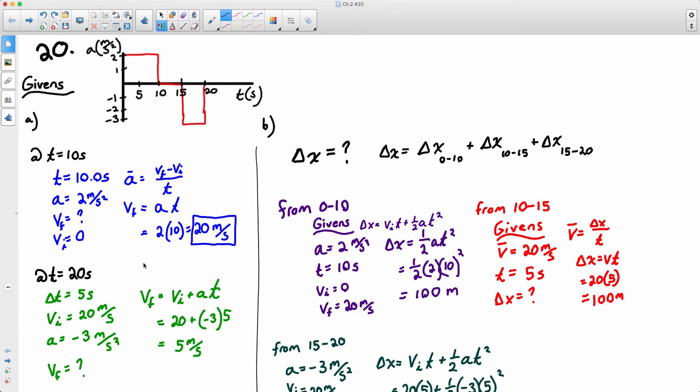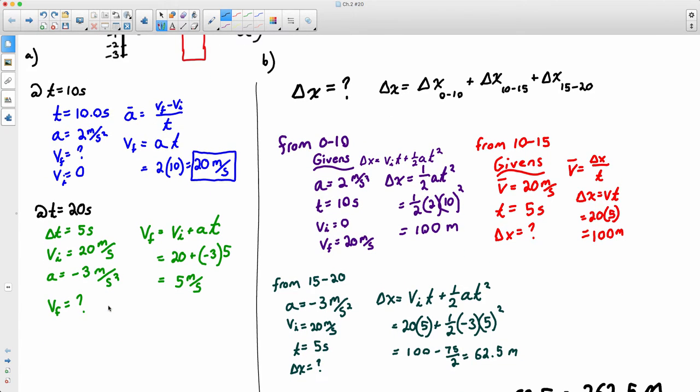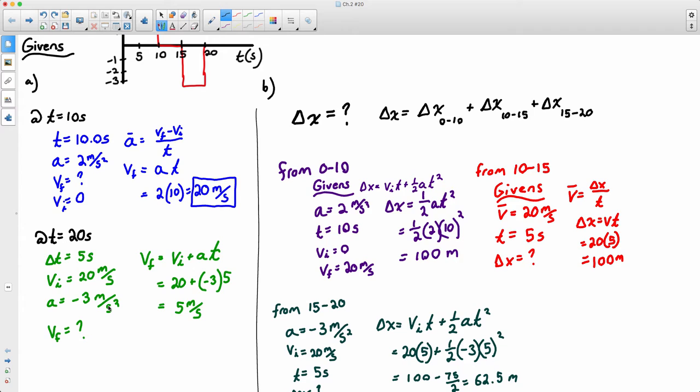And then it also asks what is the velocity at 20 seconds. At 20 seconds now, I have an initial velocity of 20 meters a second, because that's what it ended off at 10.